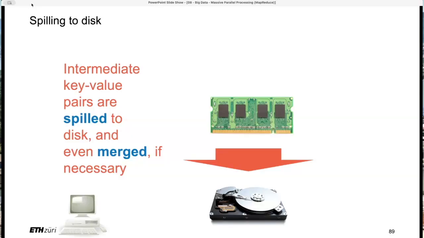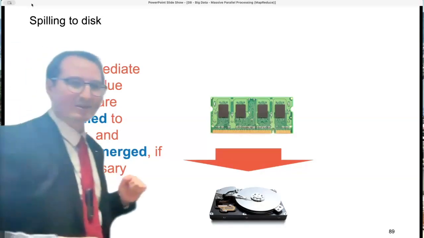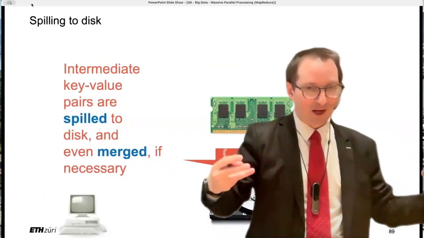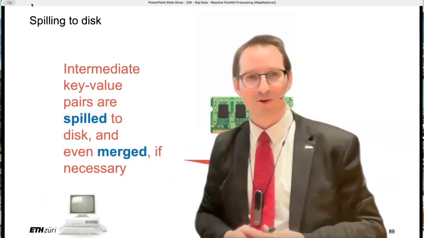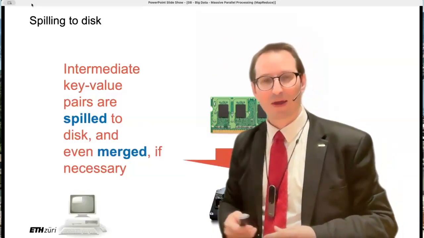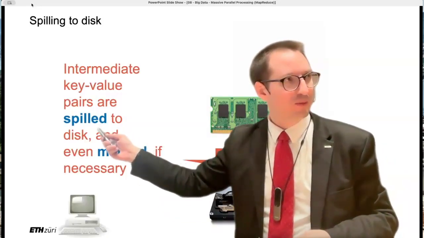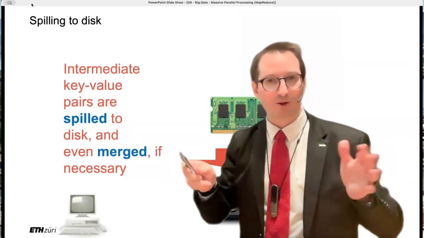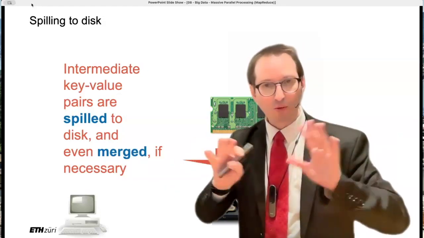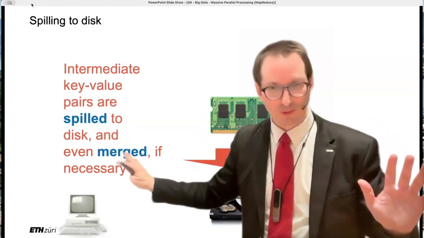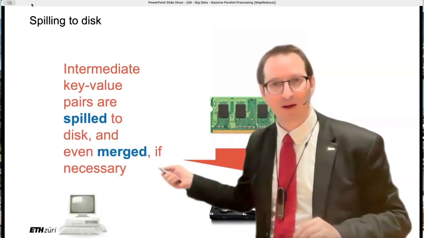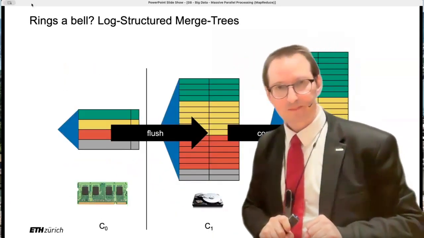Okay, spill, merge, right? So now you start earning the benefits of having learned HBase, right? That we have some of the same principles. So that, of course, only happens if the memory gets full, right? Because if the memory doesn't get full, then we don't need to spill to disk and to merge, right?